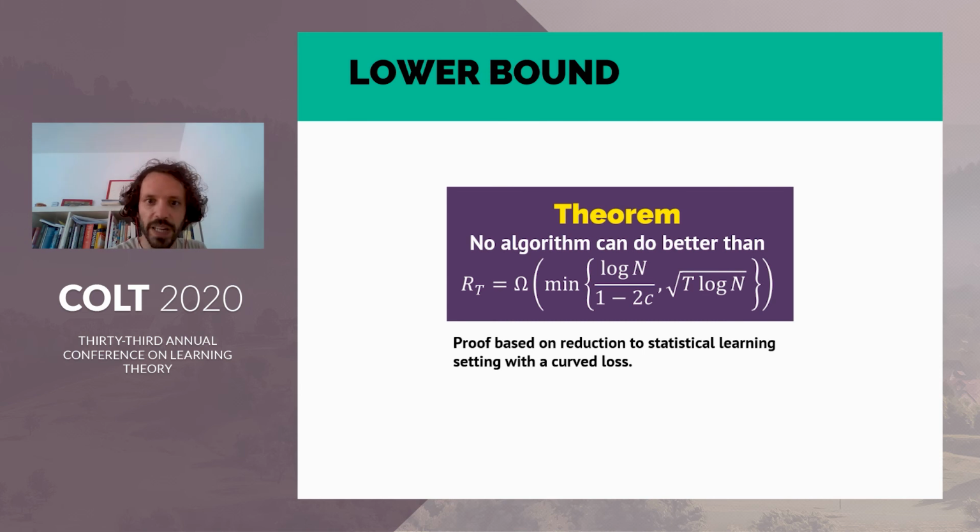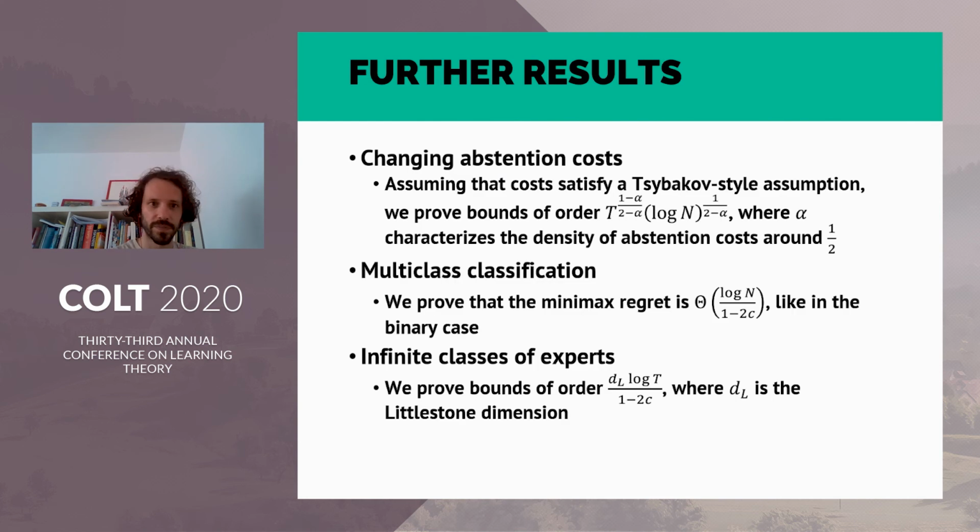We also have a lower bound in the paper that shows that no algorithm can do better than this. This lower bound is based on a reduction to the statistical learning setting with the curved loss.